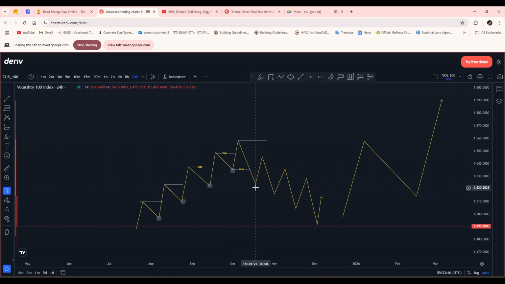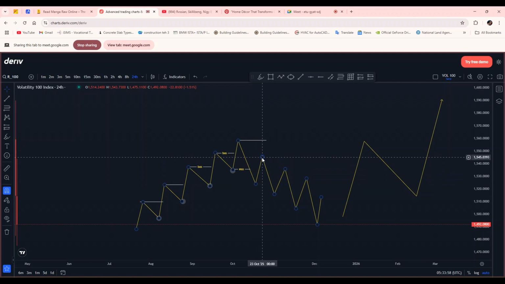Now, as the market shifts out of the trend, it will pull back to test premium areas of the previous area that it descended from.